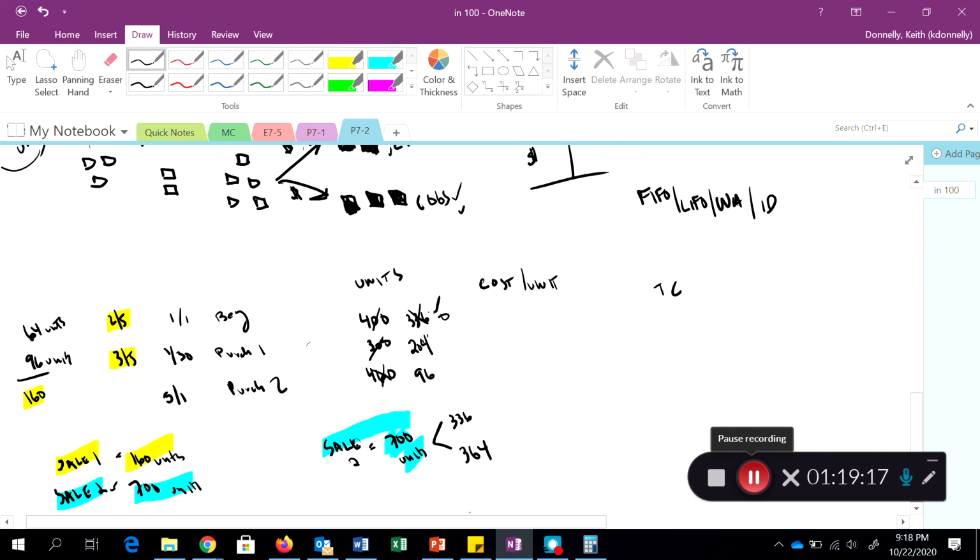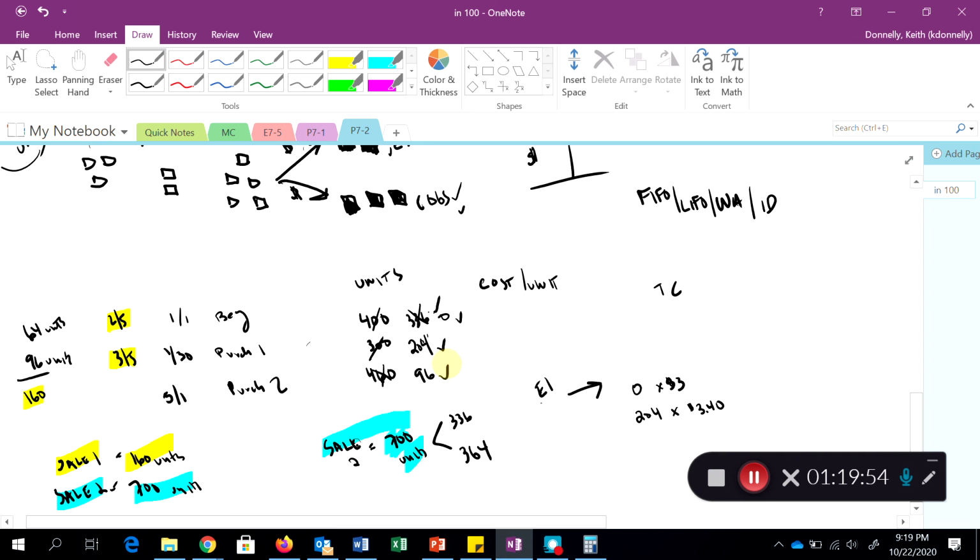So what we do here is, instead of directly solving for cost of goods sold, let's do ending inventory first. So we know at the end of the day, ending inventory, we have 0 units that cost us $3. We have 204 units that cost us $340.